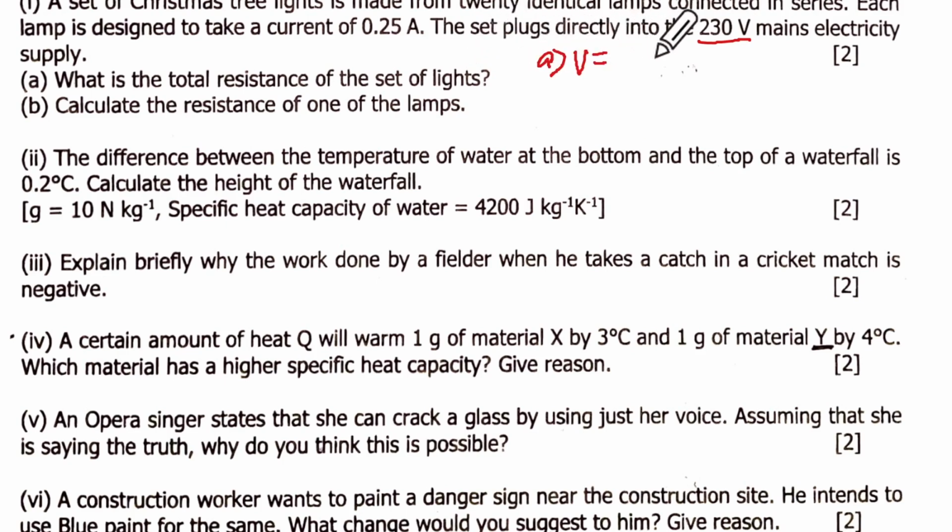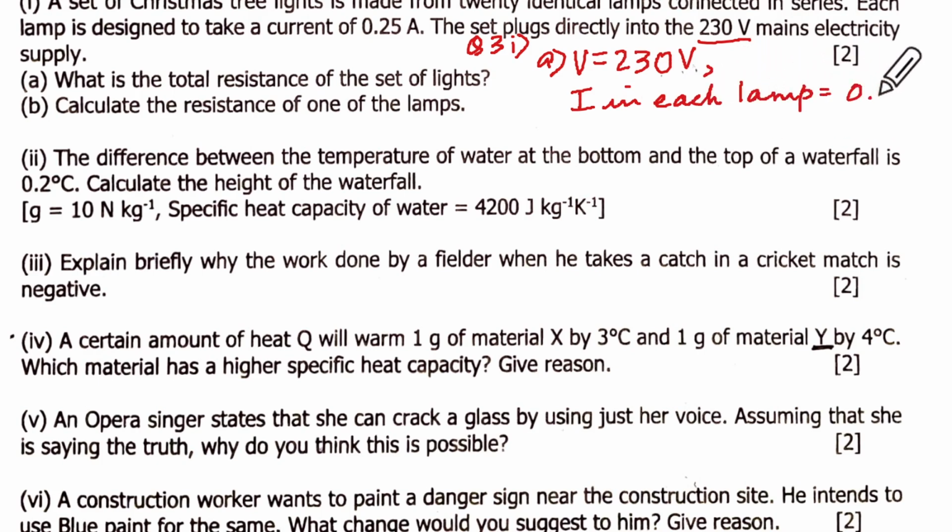This is your question number 3, first part, right? Voltage is 230 volt and the current in each lamp, I in each lamp, is equal to 0.25 ampere.